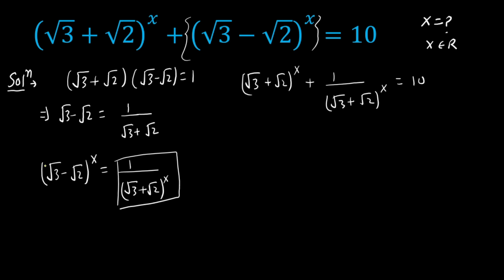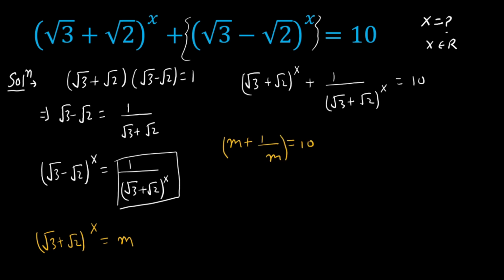If we substitute (√3 + √2)^x = m, then here m + 1/m = 10.